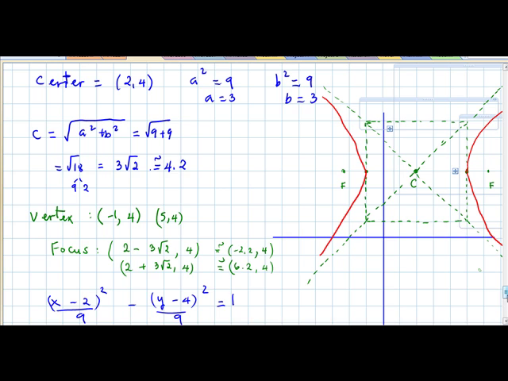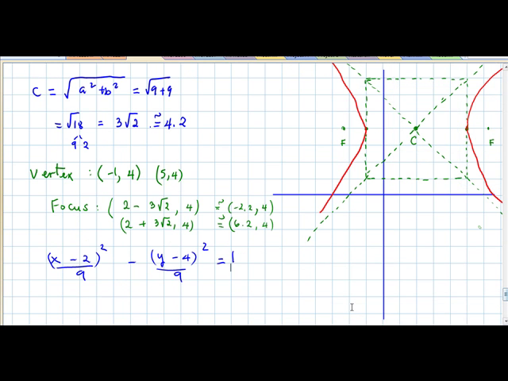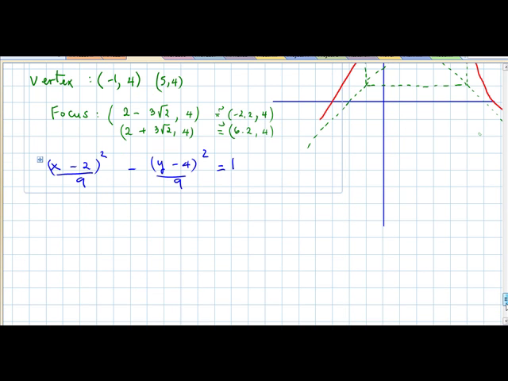The easy way, without remembering the formula for the equation of the asymptotes, is to set this side to 0 and then solve for y. That's pretty much how you do it. So let's try to do that so you can see how this works.